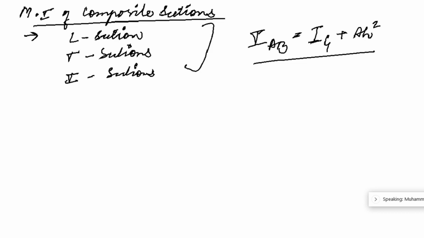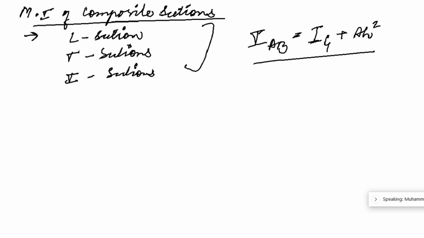Then finally we calculate the moment of inertia on such axes by simply adding them up, the algebraic sum. Initially we divide the section into different areas and calculate the moment of inertia of the individual sections.